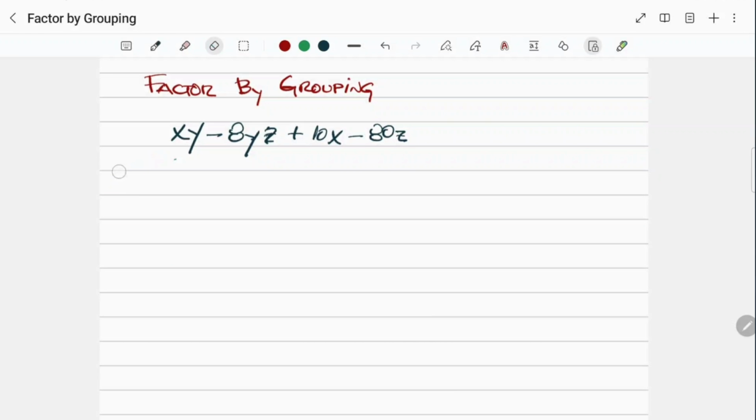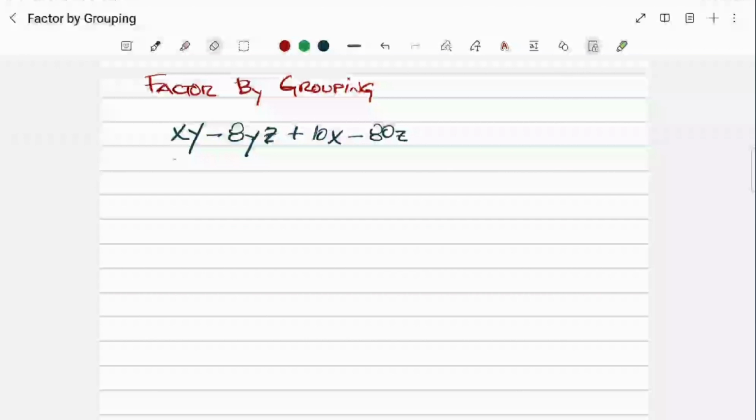But be careful. In any polynomial that you intend to factor, the first step will always be to factor out the GCF. Our second point in this factorization is to group the first two terms and the last two terms.